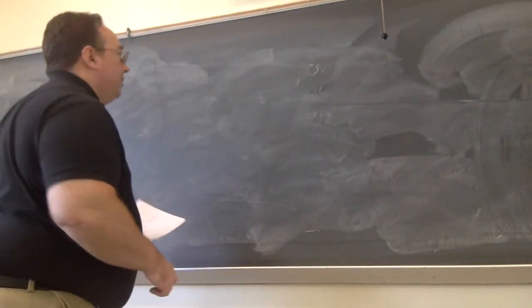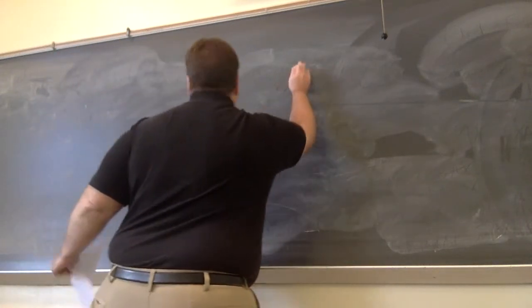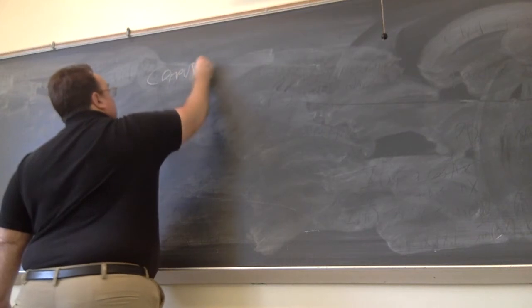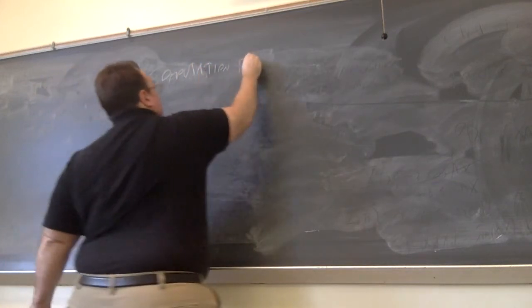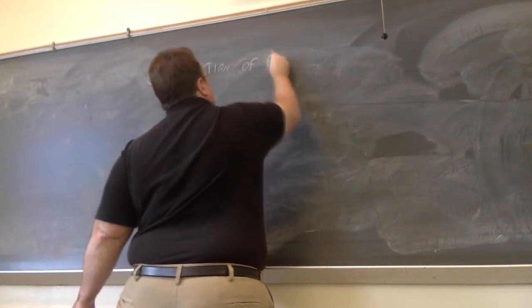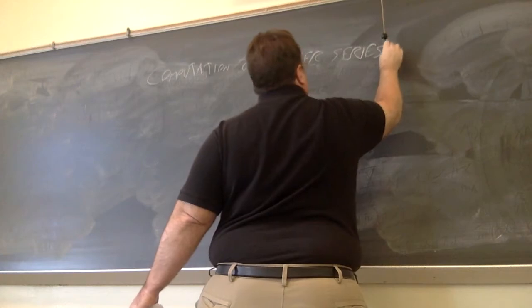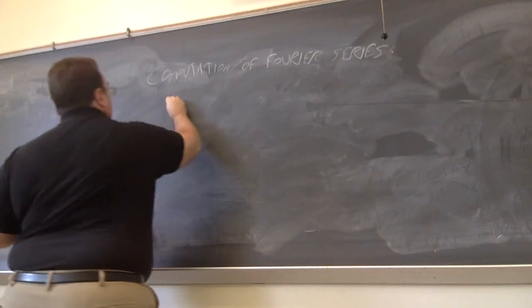All right. So now to simplify matters a little bit. This is computation of Fourier series. So start on the interval minus pi to pi, just because it simplifies things.